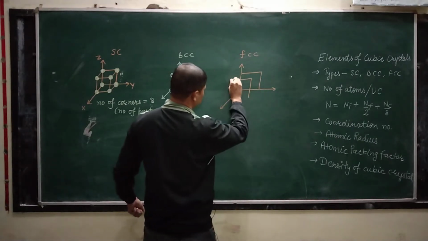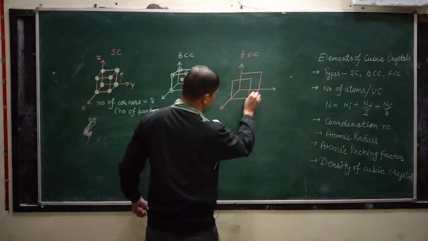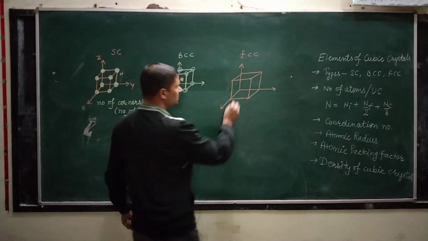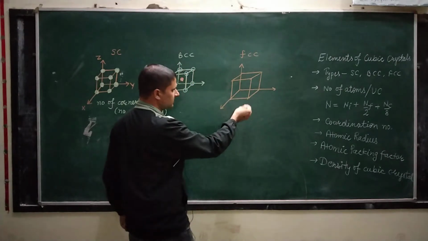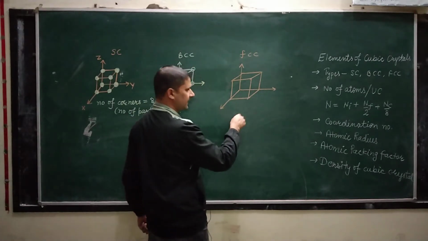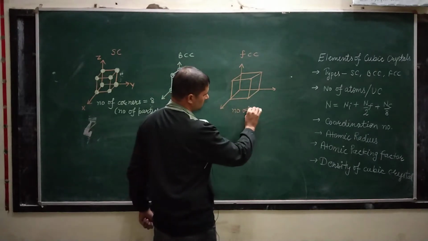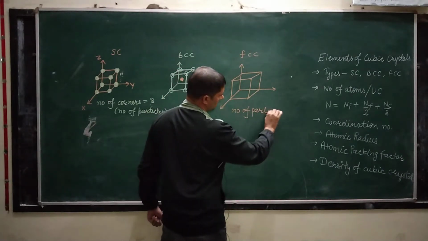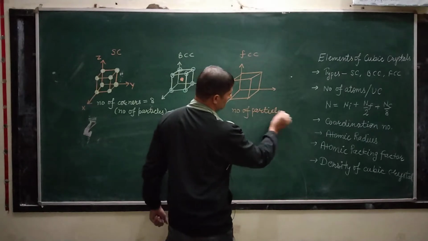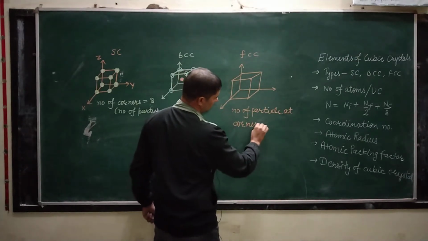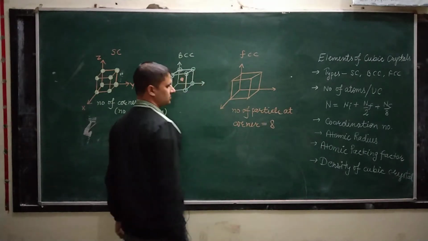You will see that this is the cube and 8 corners are there. So here one particle at each corner. Okay, so the number of particles at the corners is equal to 8.